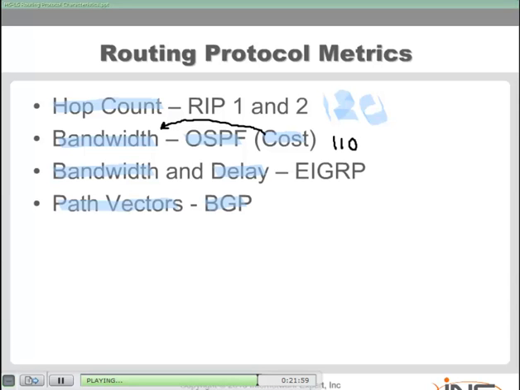EIGRP internal prefixes get an even better AD of 90. And external BGP prefixes get a really awesome AD of 20. And again, this has to do with the sophistication, the trustworthiness, and this does tie back to what the device uses for a metric.